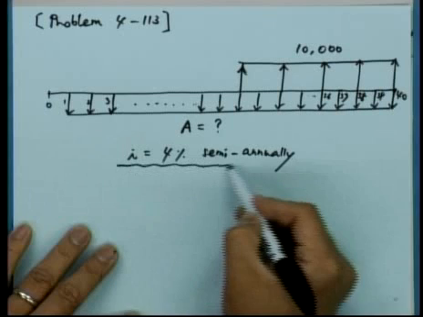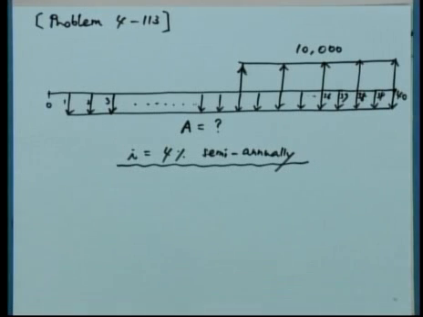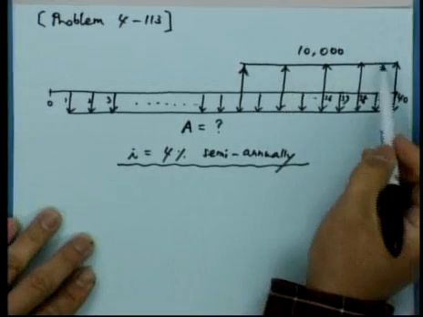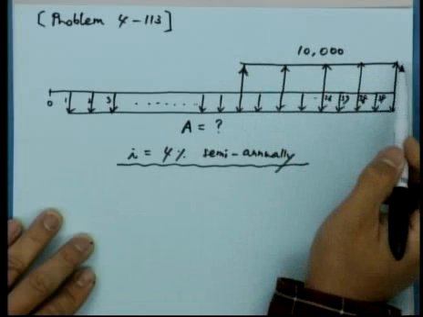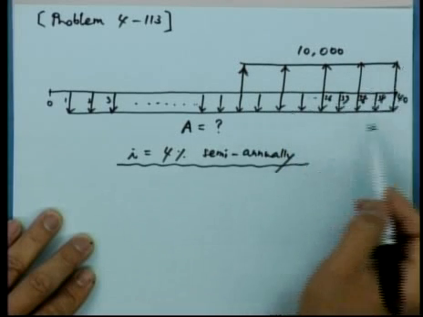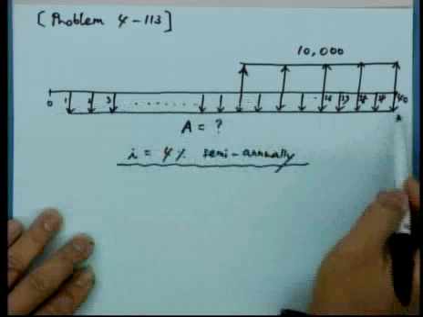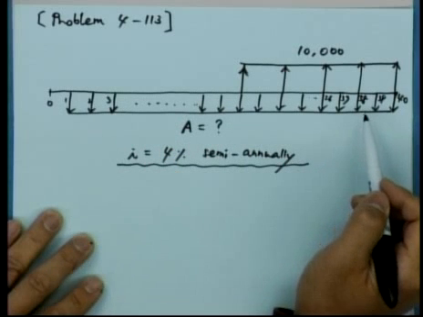So this is the interest rate that we are going to use. So this positive cash flow amount should be the same as the negative cash flow amount. Is that right?